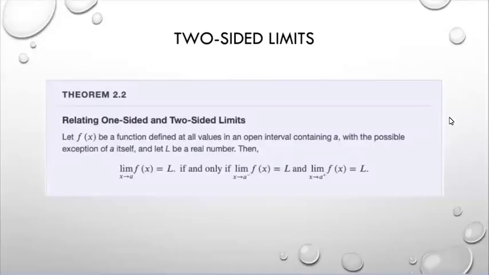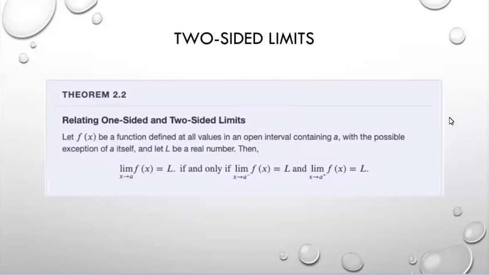Let's connect our previous understanding of one-sided limits to two-sided limits. Remember that a one-sided limit is the value the function is approaching as we approach x from the right or from the left.